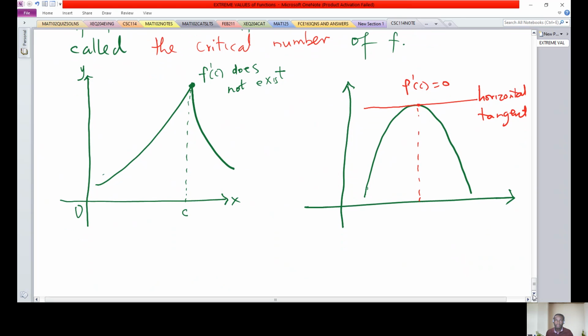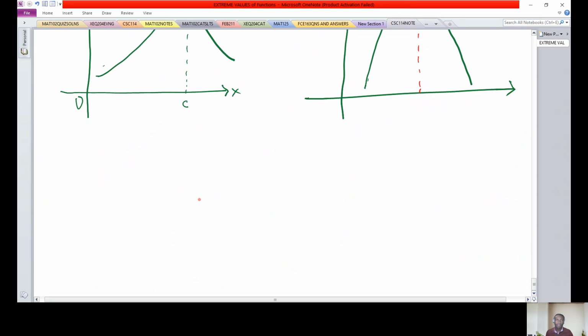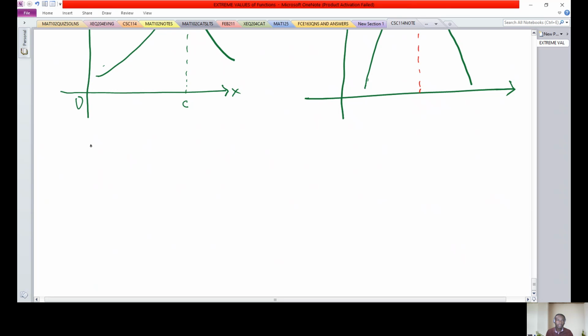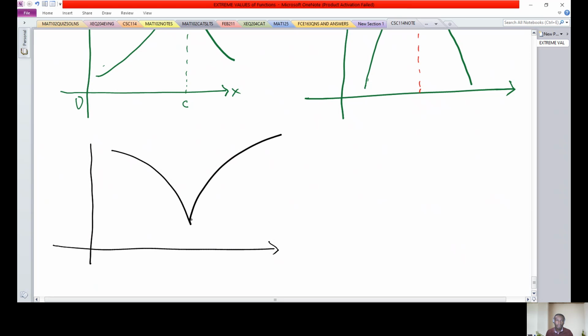Or we can have a point where f prime at c does not exist.